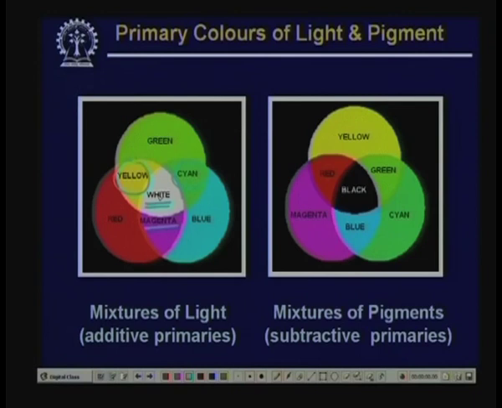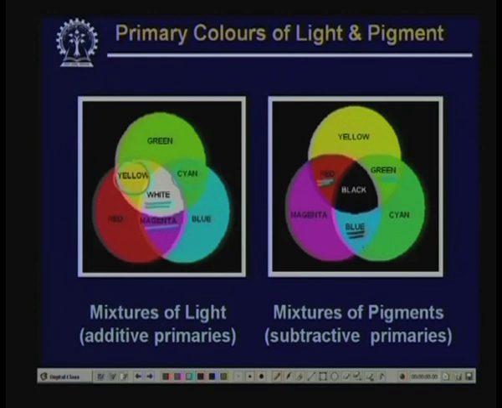Similarly, when it comes to pigment primaries, yellow, which is a secondary color for light, is a primary color of pigment. Similarly, magenta and cyan, which are secondary colors of light, are also primary colors of pigment. When these pigment primaries are mixed together, they form the primary colors of light. Yellow and magenta together form red, yellow and cyan mixed together form green, and magenta and cyan mixed together form blue.